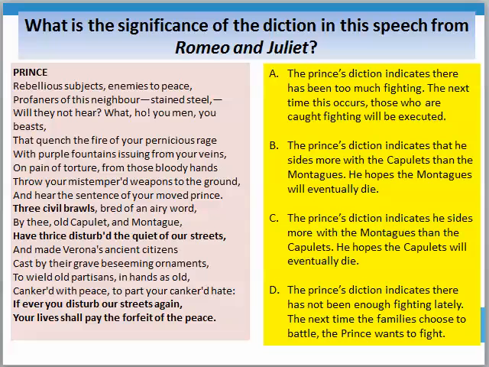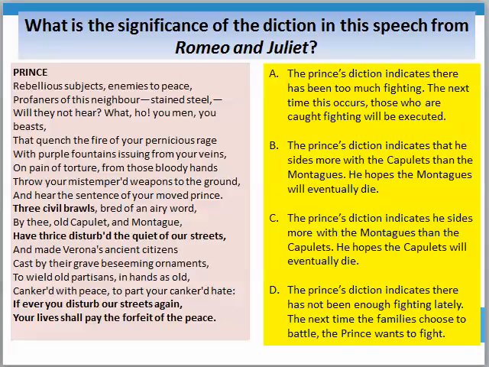Three civil brawls bred of an airy word by thee, old Capulet and Montague, have thrice disturbed the quiet of our streets, and made Verona's ancient citizens cast by their grave beseeming ornaments to wield old partisans in hands as old, cankered with peace, to part your cankered hate. If ever you disturb our streets again, your lives shall pay the forfeit of the peace.